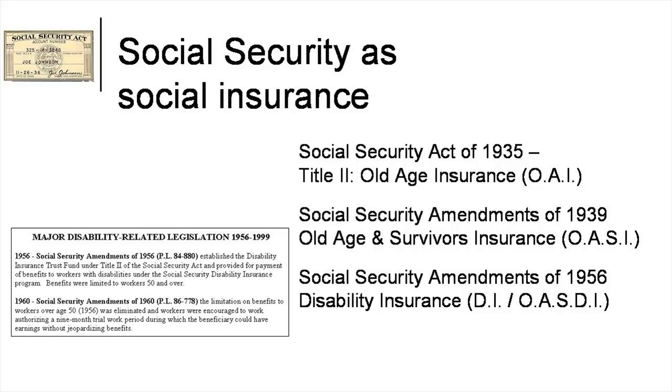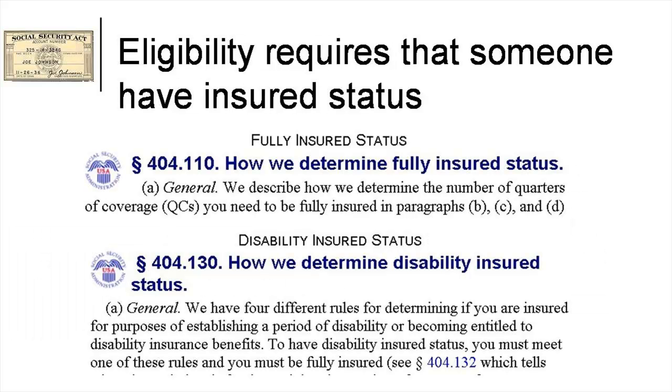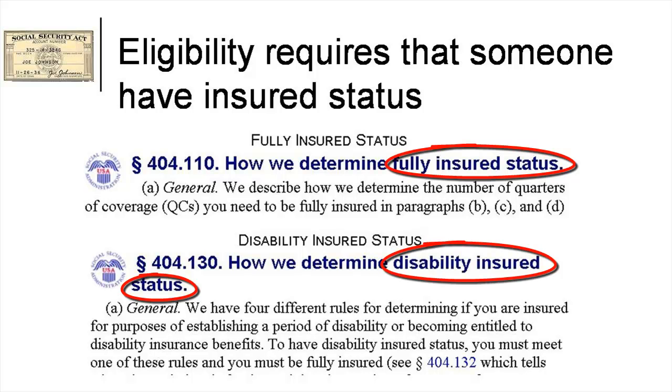This insurance character is directly reflected in terms that are integral to benefit eligibility. To be eligible for Social Security benefits, either the benefit claimant or a relevant family member must be insured. Insured status is acquired by work in covered employment over a period of years.